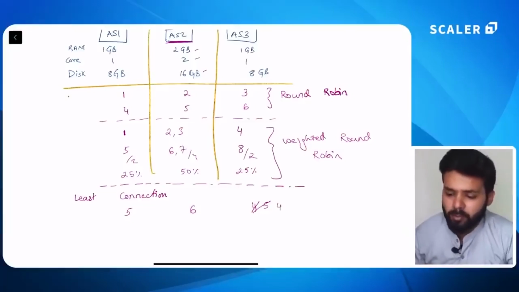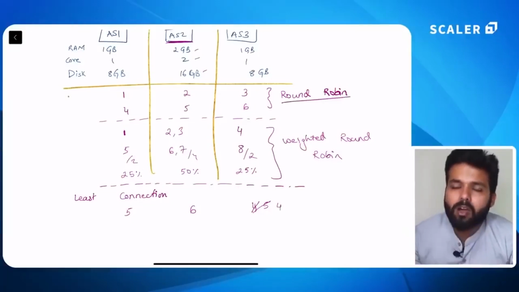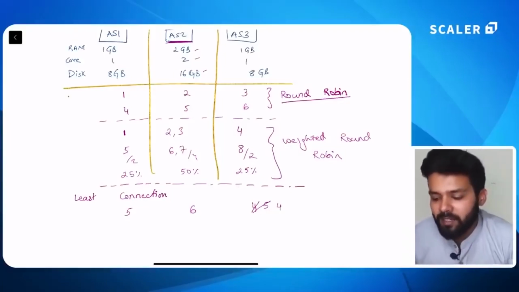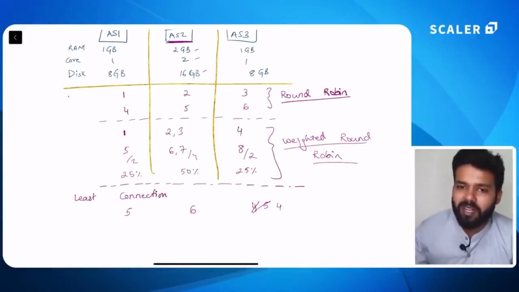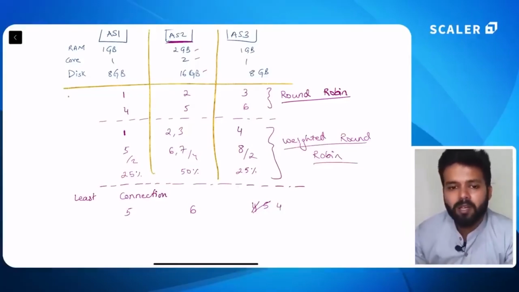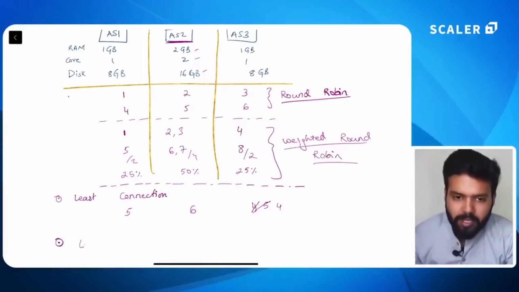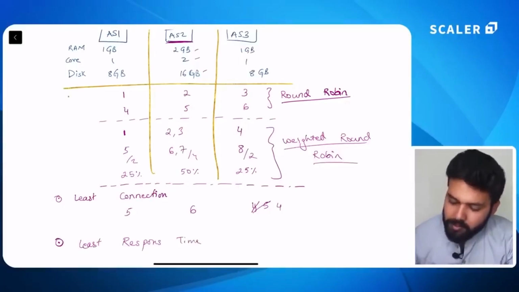Here also we have the same problem as in the round robin strategy, that we are not accounting for the capacity of the instance. To accommodate that, here also we have a weighted least connection routing strategy where you can assign weights to a particular application server and routing will be done based on that. The last strategy that I'm going to talk about is the least response time strategy.